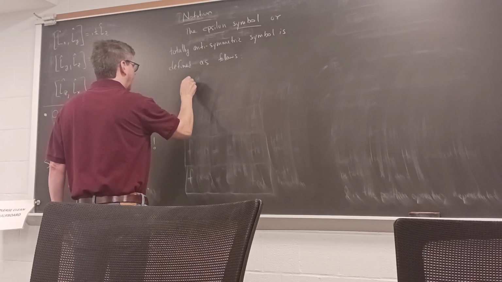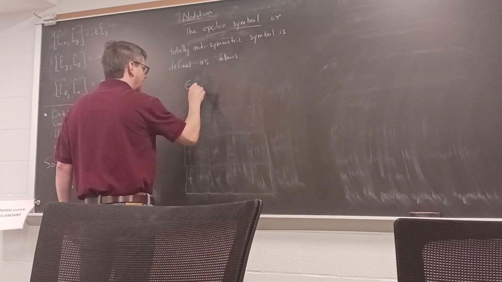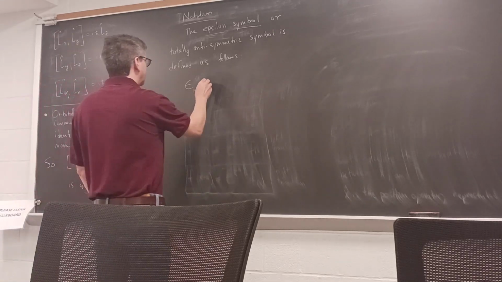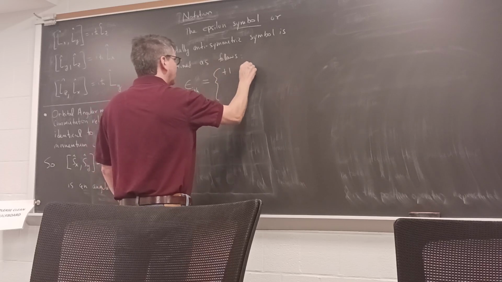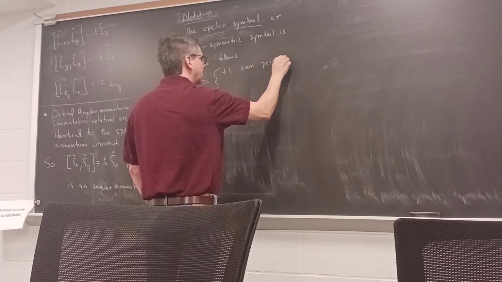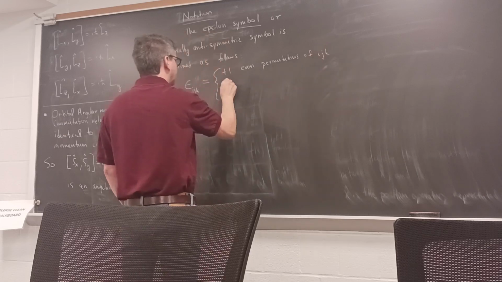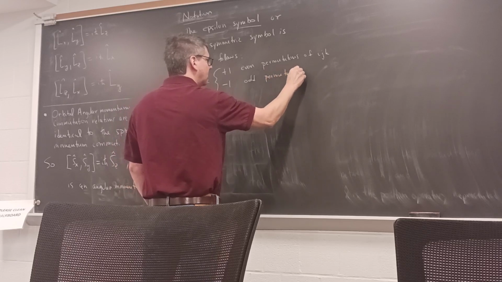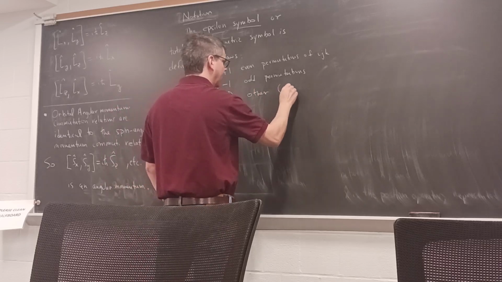Okay, so if I have epsilon i, j, k, so it's a 3-index epsilon symbol, then this thing is +1 for even permutations of i, j, and k, -1 for odd permutations, and it's 0 for other, and that means repeated indices or anything like that.